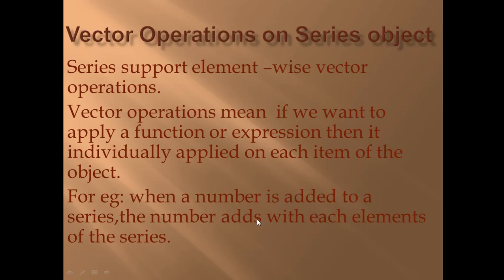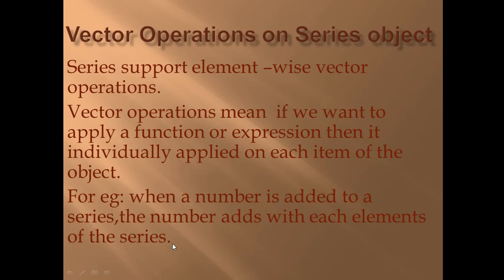Clear? So when a number is added, subtracted, multiplied or divided to a series, then that number will be added, subtracted or divided with each element of the series. This is the very important line. With each element of the series, that particular function will be performed. So we will see how these vector operations are performed through a program in Python.